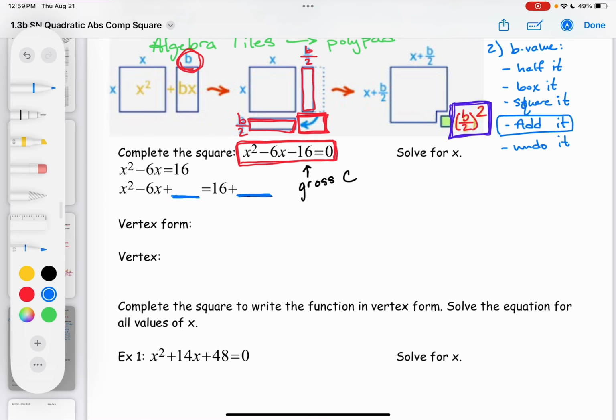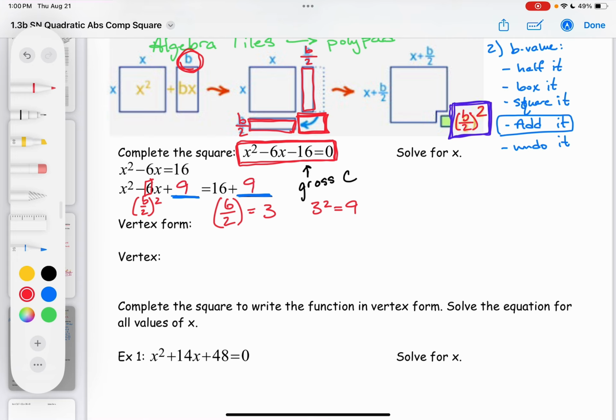So where does the number that goes in this blank come from? It comes from b over 2 squared. Right now, b is 6. 6 over 2 is 3. 3 squared is 9. So I'm going to put a 9 here and a 9 here.